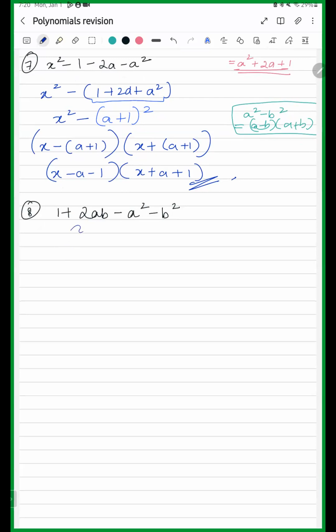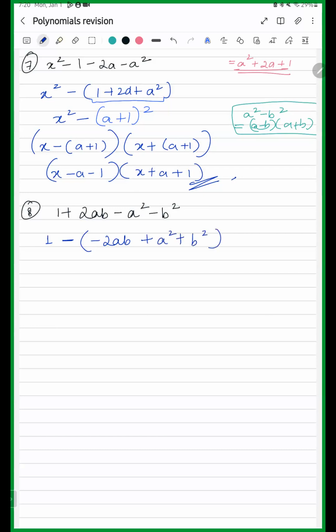So here 1 we will leave as it is, and we will try to make the rest into some formula. For that, we have to take minus sign common, and then this becomes minus 2ab because we have taken minus common, so this term becomes its negative. So plus a square plus b square.